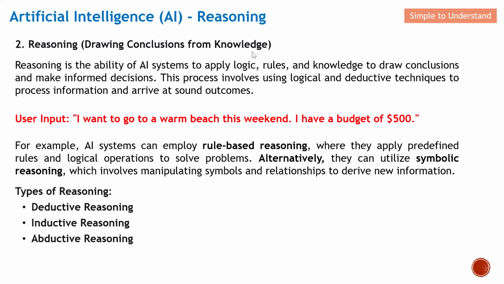So over here, the logic is the warm beach, which is 30 degrees Celsius, and the weekend, which is Saturday and Sunday. The rule is that I need to have a budget of $500. Anything more than a budget of $500 will be a no go. Next, on the knowledge, I must be able to know which beach actually has 30 degrees, for example.